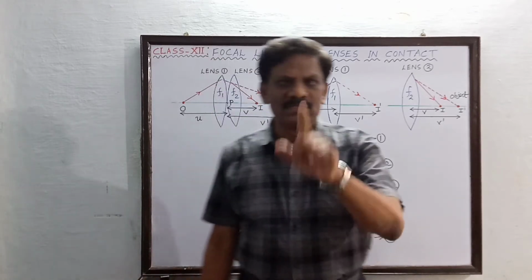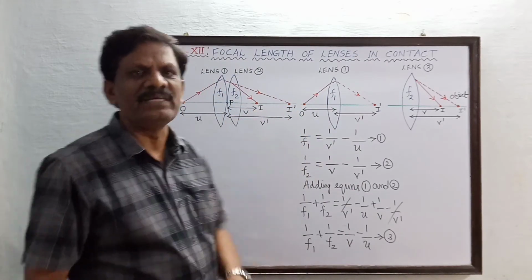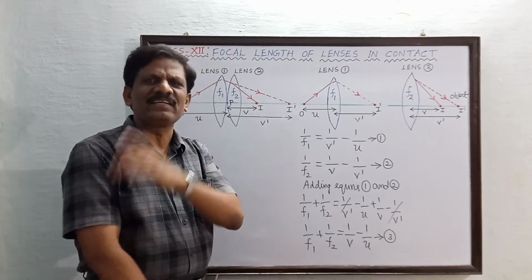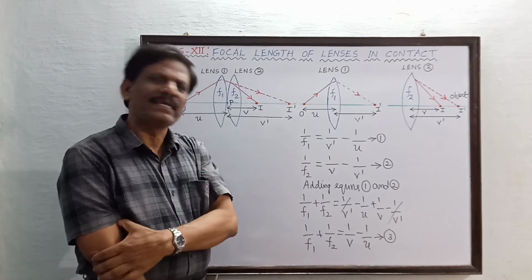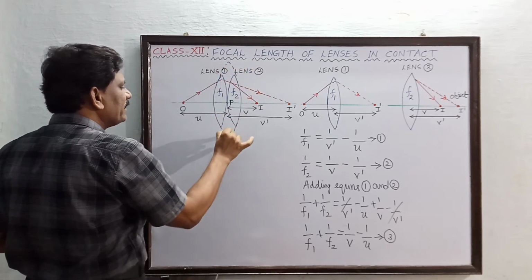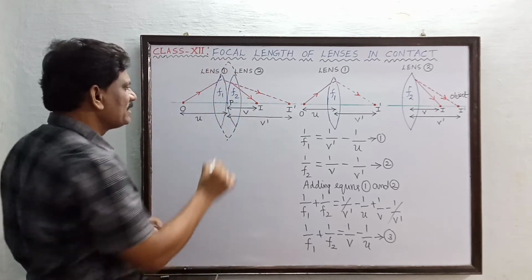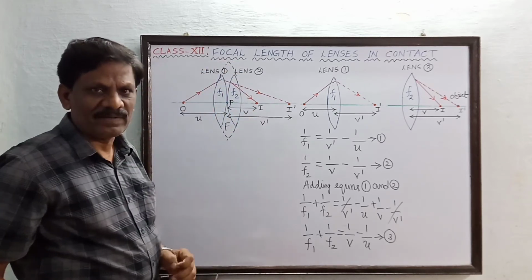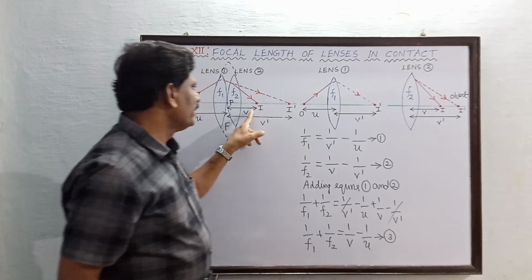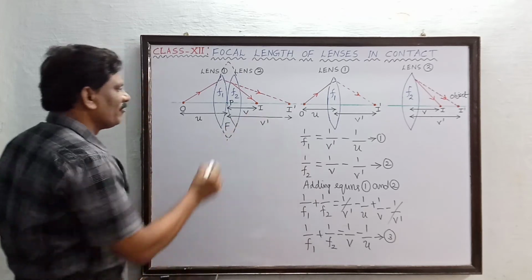Suppose the same effect, that is the final image, is produced at I for the given point object O by a single lens of focal length capital F. Both the lenses together are replaced by a single lens of focal length F. For that single lens, the object distance is u and the image distance is v.